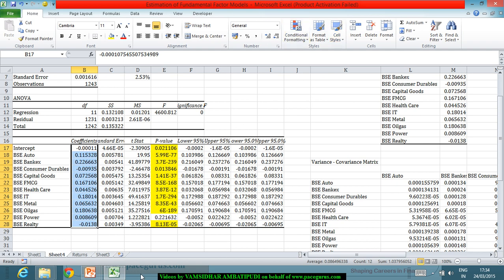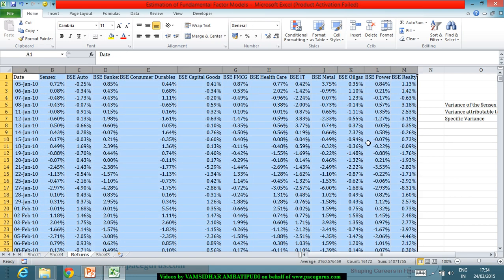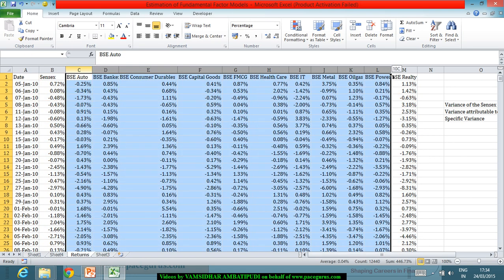And that is where we talk about orthogonal regression, or this is where we bring in the concept of principal component analysis, sometimes called factor analysis, wherein we transform these so-called independent variables in such a way that they become completely independent of each other.